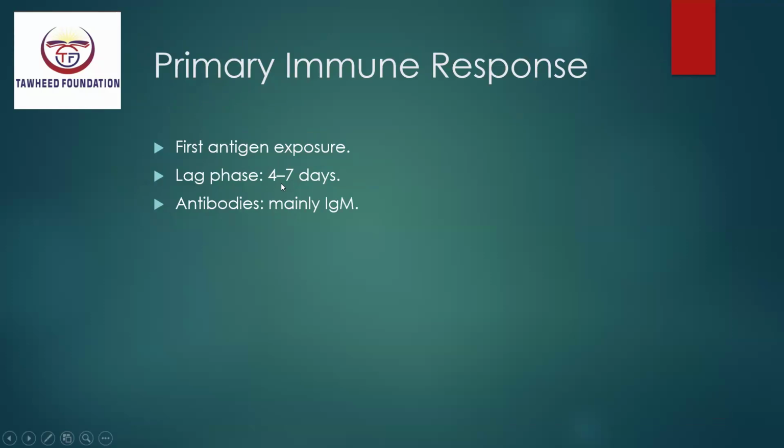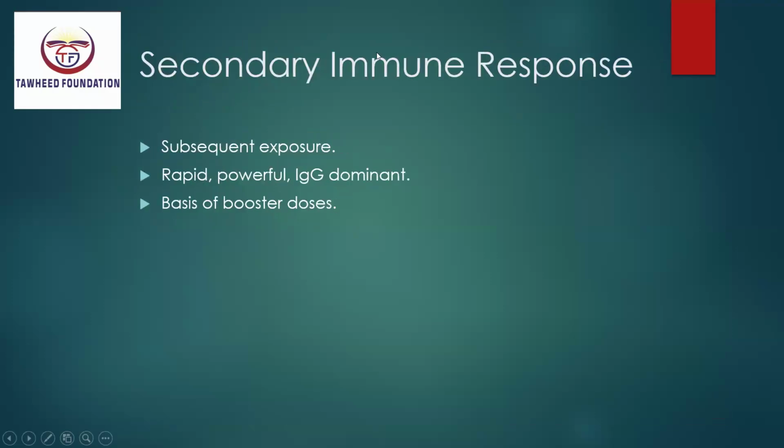Its lag phase is 4 to 7 days, and the antibody mainly involved is IgM. The secondary immune response is subsequent exposure. It is rapid and powerful, with IgG as the dominant immunoglobulin, and it is the basis of booster doses.